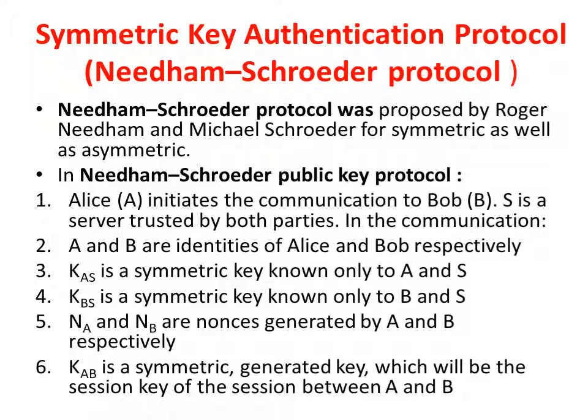There is another key KBS, again symmetric, known only to Bob and the server. There are nonces as well, generated by A and B respectively, NA and NB. Finally, the server has to generate a session key, KAB, through which Alice and Bob do the whole communication.